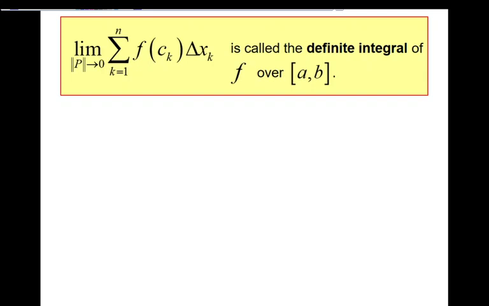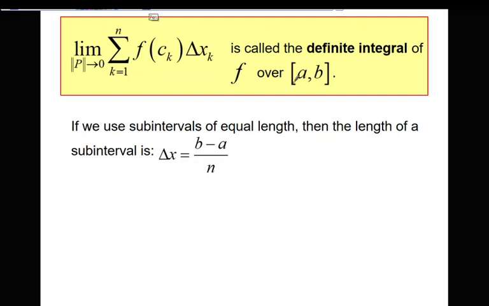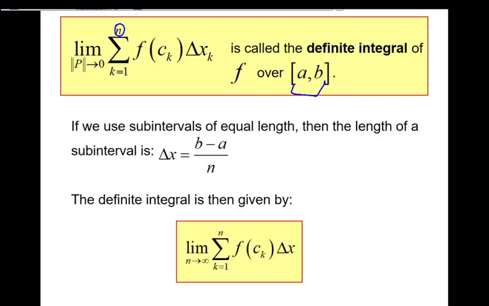But basically, if we use subintervals of equal length, then the length of the subinterval is the change in x, the total change, which is this distance from a to b over n, which is our number that we're stopping at.